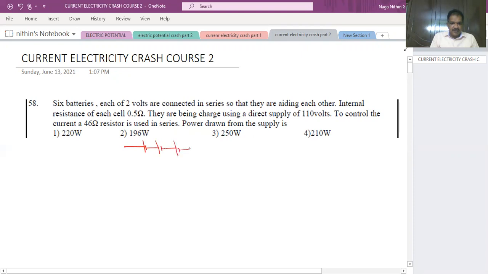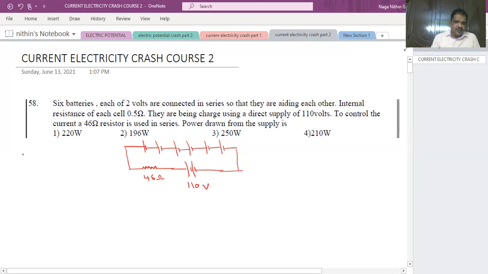These 6 batteries are connected across a resistance of 46 ohm and across a battery of 110 volt. What is the power drawn from the battery? Power is equal to V into I.